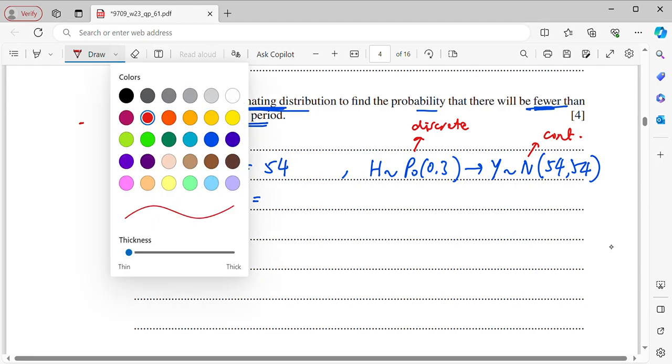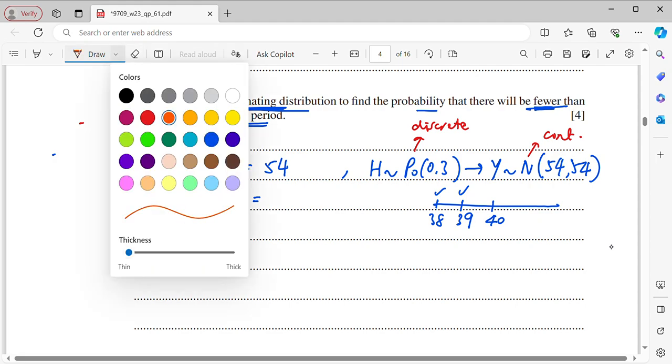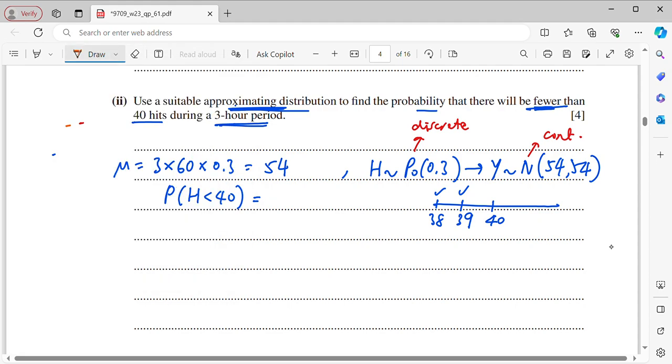When I draw the number line to show 40 here, H is less than 40, so less than 40 means we will accept 39, 38, and so on. For the continuity correction, you have to plus or minus 0.5 from the given value, 40. When I plus 0.5 from 40, it will be 40.5. When I minus 0.5 from 40, it will be 39.5.